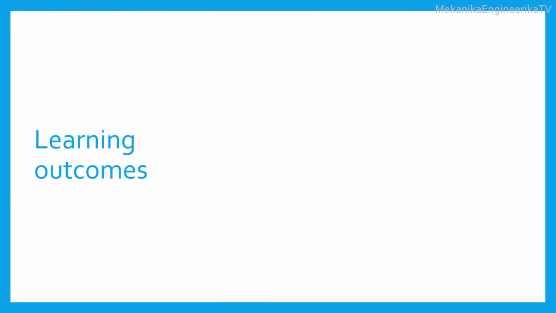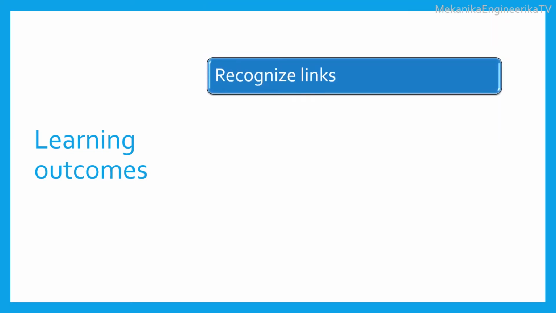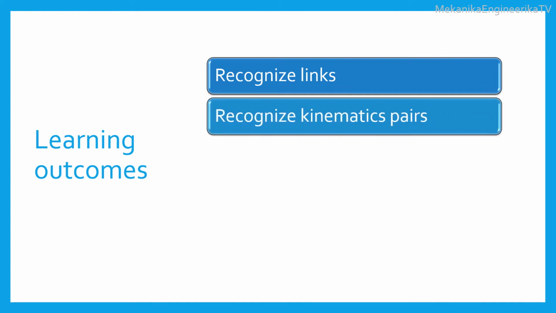By the end of this video, you will be able to, first, recognize links, that are essential parts of mechanisms. Second, you will also be able to recognize kinematic pairs or joints, that are connections between links.